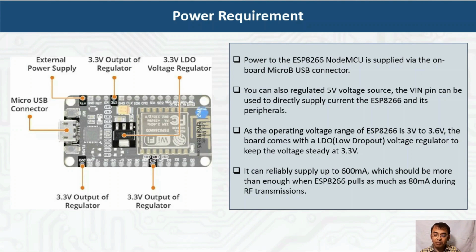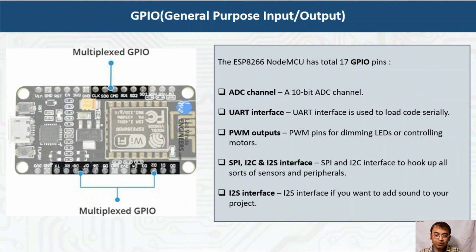That is external power supply, then micro USB connector, you can see 3.3 output of regulator, then 3.3 LDO voltage regulator. So guys, you can see from the picture, there is a power requirement for ESP8266 or NodeMCU.